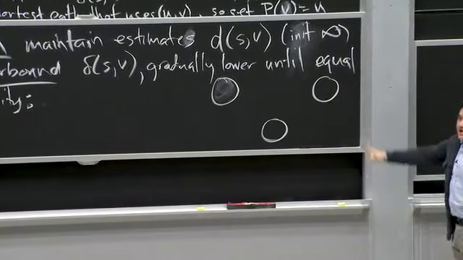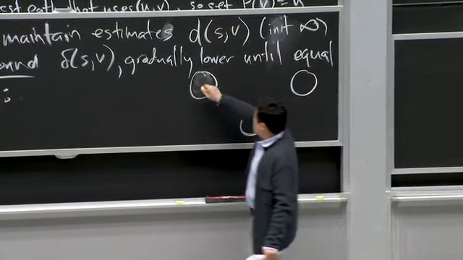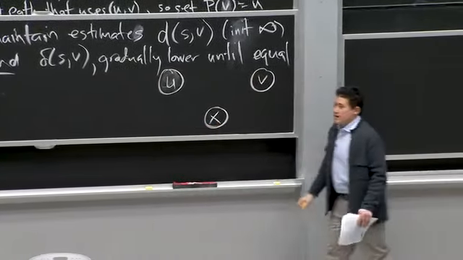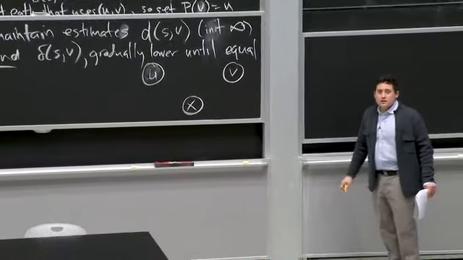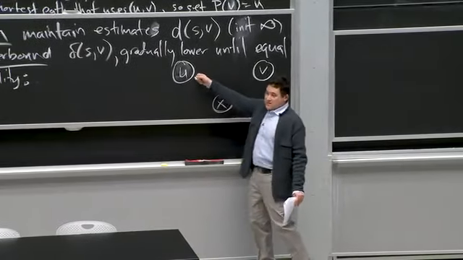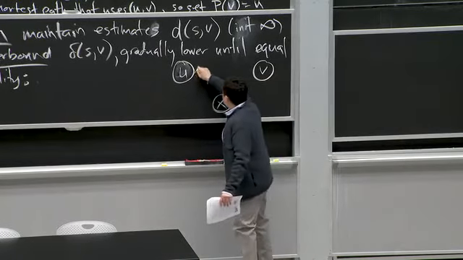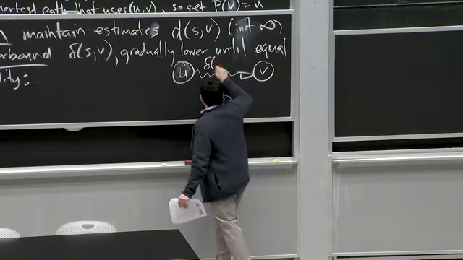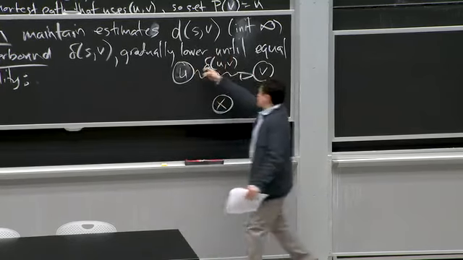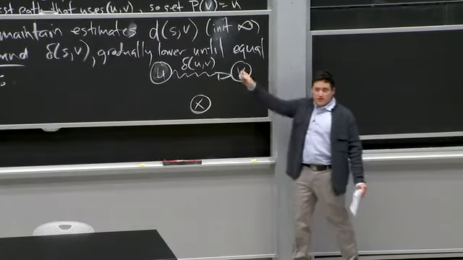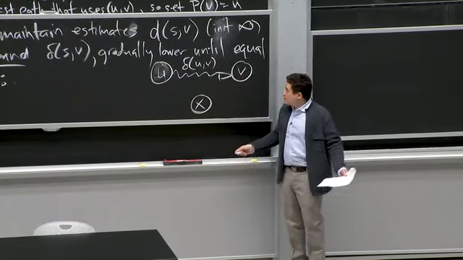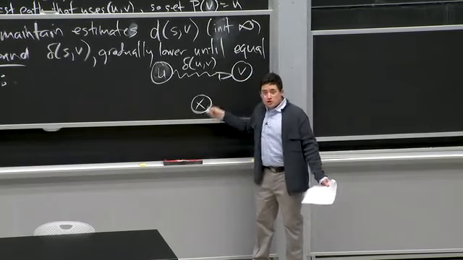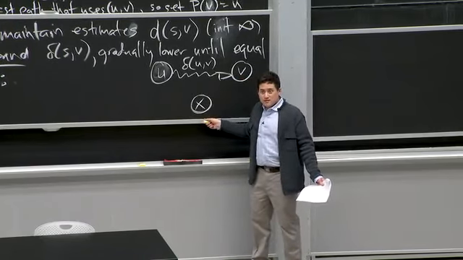If I have a vertex u, a vertex v, and a vertex x, for example, the shortest path distance delta of u v, that's the shortest path distance from u to v, can't be bigger than a shortest path from u to v that also goes through x, right?